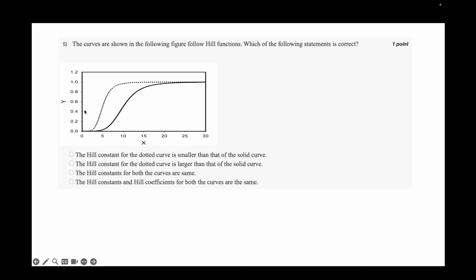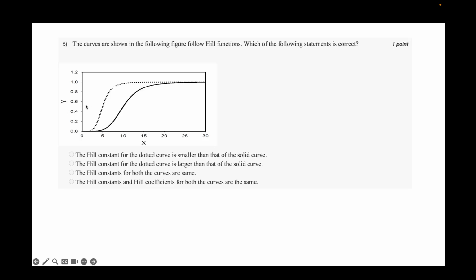The dotted curve reaches the half saturation at a lower value of x. So the x value is lower here than the non-dotted curve, that is the normal line curve. So here the x is much greater compared to here. So the Hill constant for the dotted curve must be smaller than that of the solid curve, right?